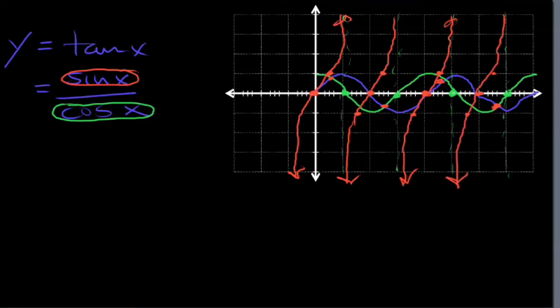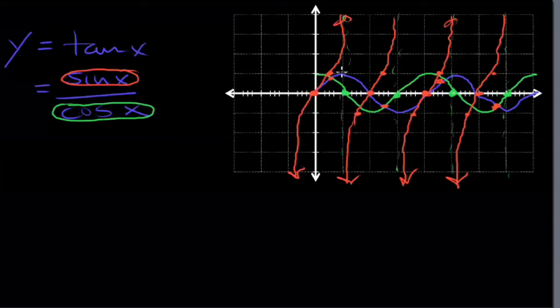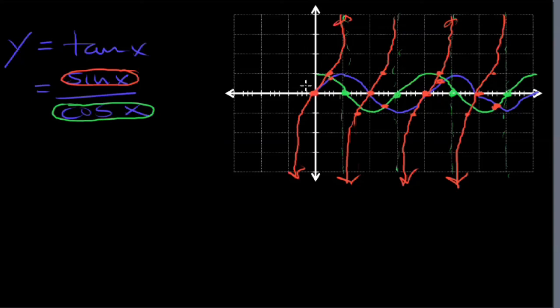Midline would just move everything up. Amplitude for tangent, there is no such thing really as amplitude because this graph goes to infinity, but we can stretch it, which is the equivalent of the amplitude. This point that's at 1, let me change to a different color yet again.